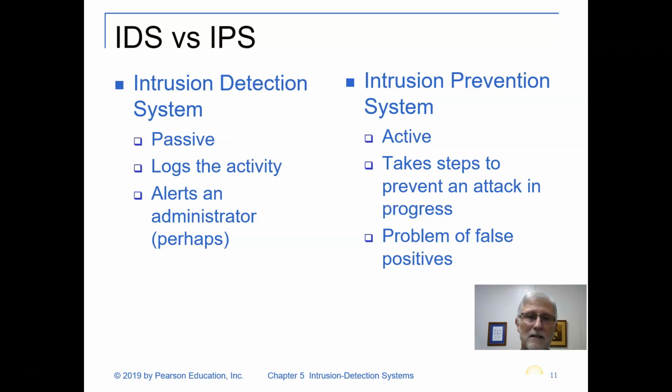Now, intrusion detection systems are passive. They sit there, log activity, and when something flags, they alert an administrator. It doesn't stop or prevent anything. It just notifies a human, saying, hey, something's going on that's violating one of the rules you set up. Are you going to do something about it? Intrusion prevention systems are considered active.